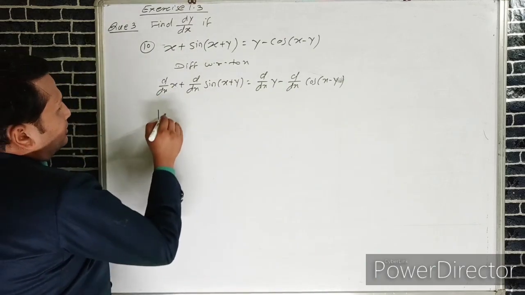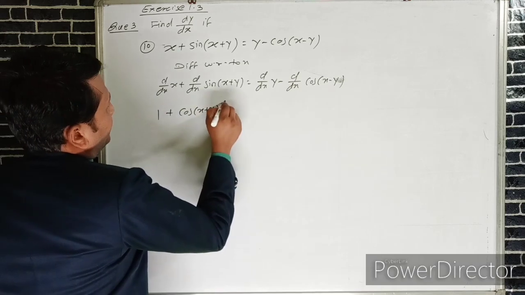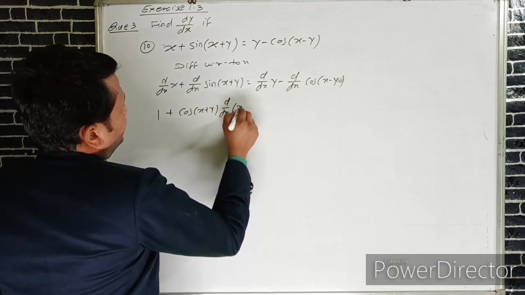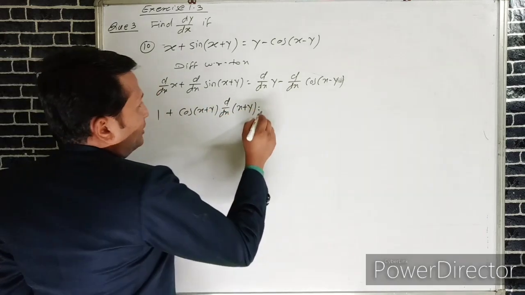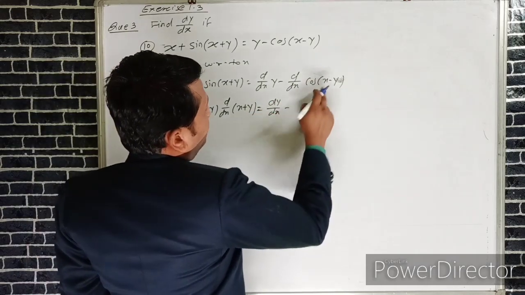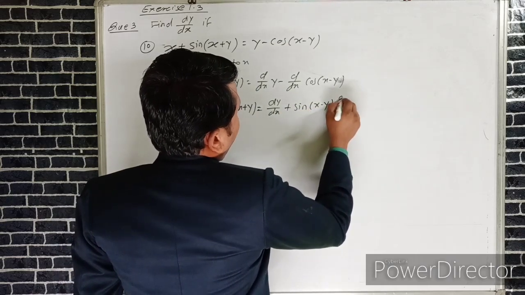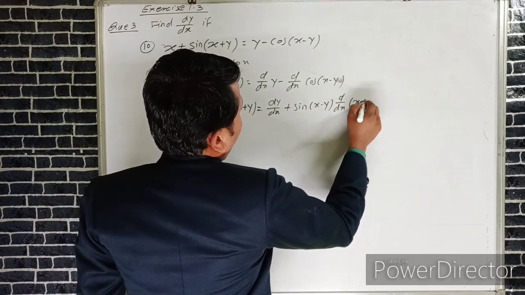Derivative of x is 1, derivative of sin of x plus y is cos of x plus y, and we take again a derivative of x plus y. Derivative of y is dy upon dx, minus derivative of cos, which is sin, minus minus plus sin of x minus y, and we take again a derivative of x minus y.